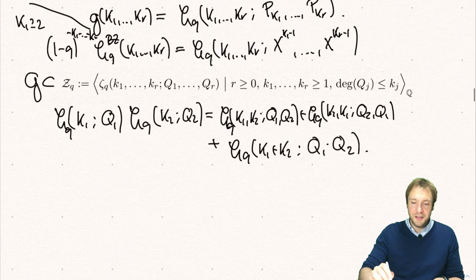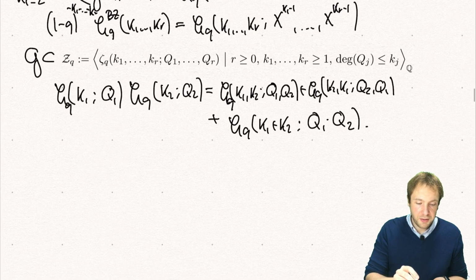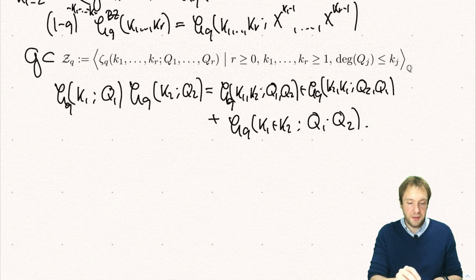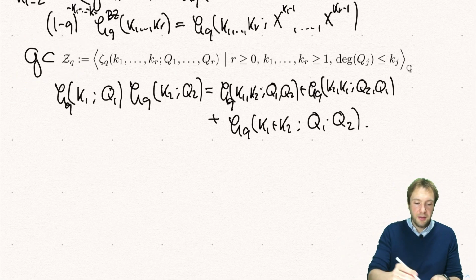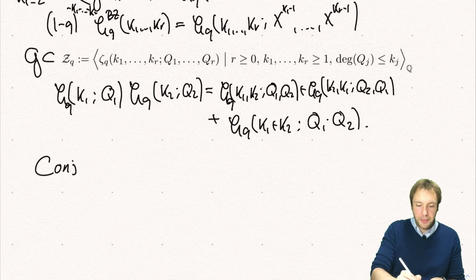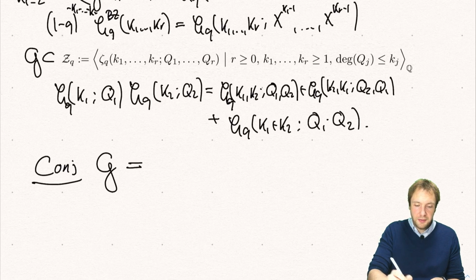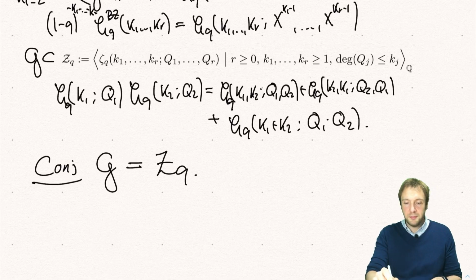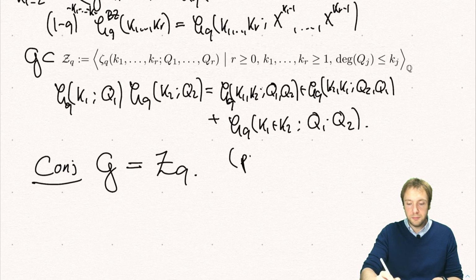And one last remark here is, so clearly this G is a subspace of this Z_q, which is a really big space, but conjecturally we expect that these two spaces are actually the same. And this is based on numerical evidence and is proven for weight smaller or equal to 8.